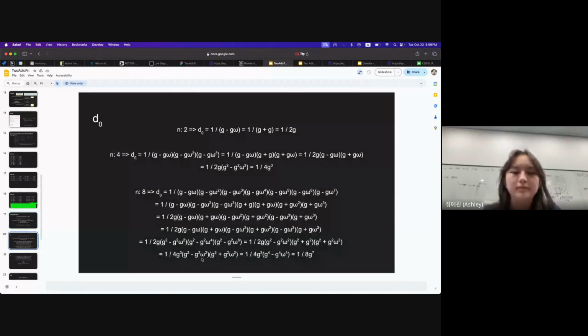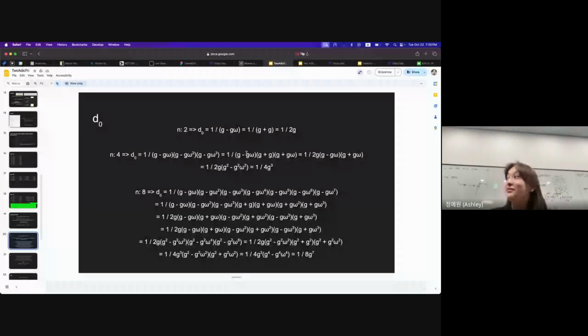If i is 1 over C, there's a pattern: if omega squared is 1, that means omega is -1. If we replace omega with -1, it will be 1 over 2z.